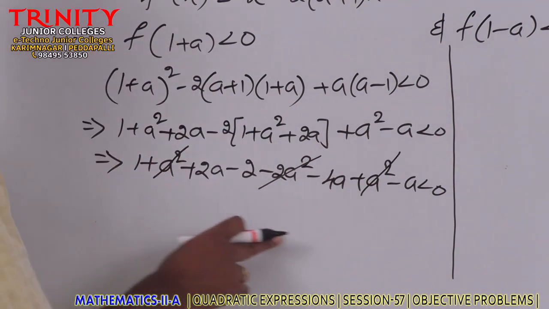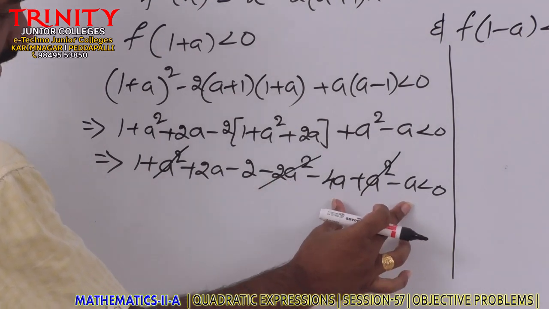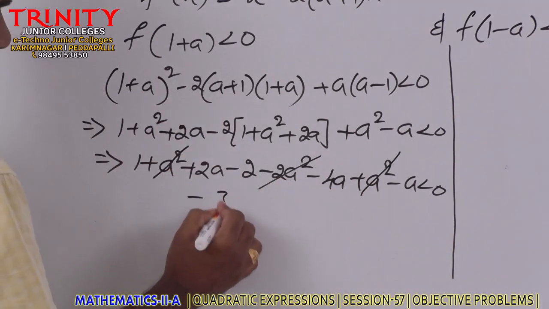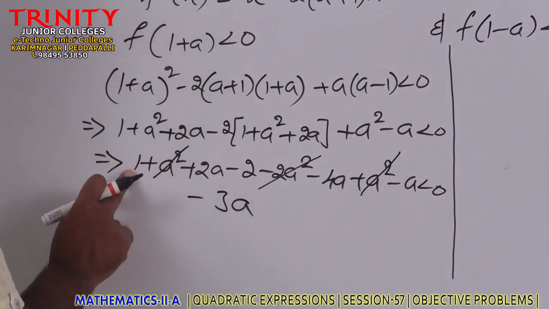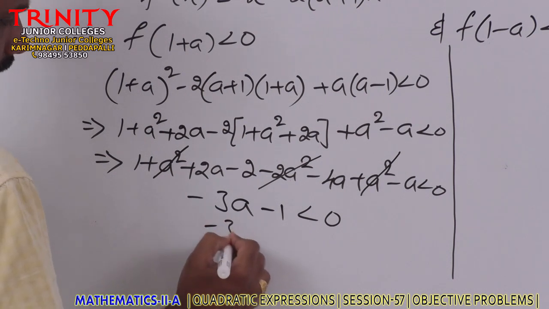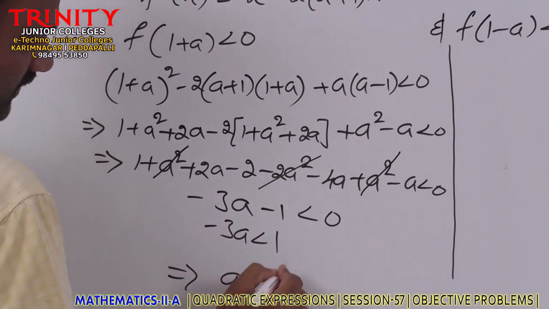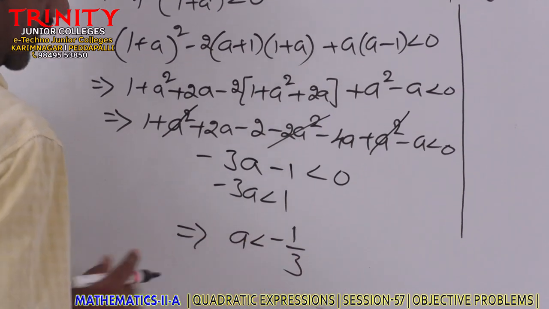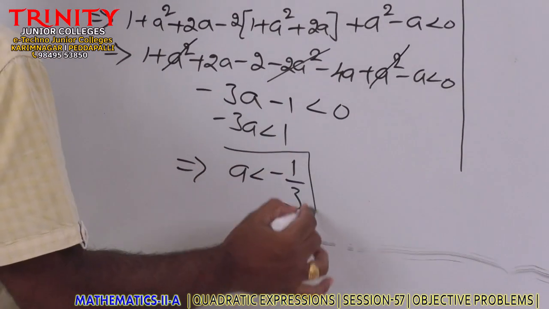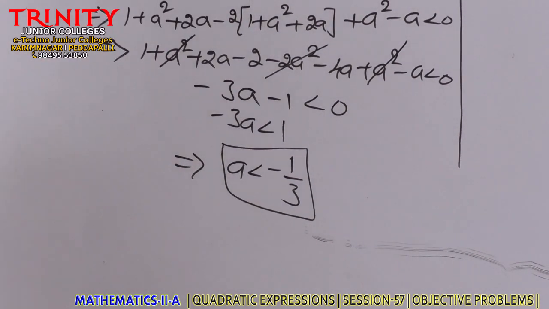Plus 2a minus 4a minus a, that is minus 5a plus 2a, minus 3a. 1 minus 2, that is minus 1, is less than 0. Minus 3a is less than 1, so a is less than minus 1 by 3. Okay, this is a is less than minus 1 by 3 in this case.